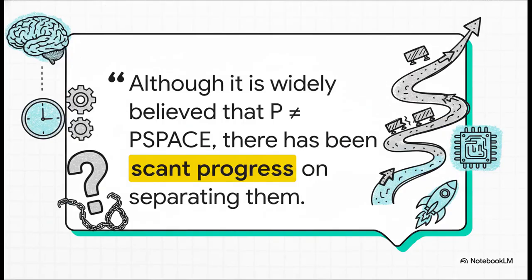And here's the thing. The consensus among experts, including Ryan Williams, the author of this paper, is that P and PSPACE are not the same. They believe that yes, some problems are fundamentally easy on memory but incredibly hard on time. The problem? For decades, nobody could make any real progress on actually proving it.